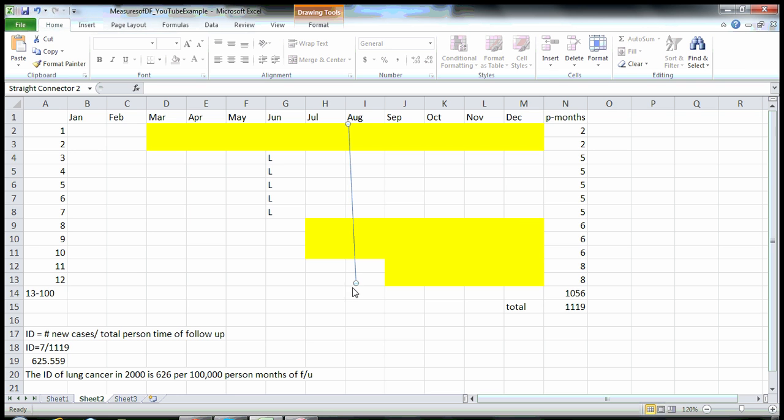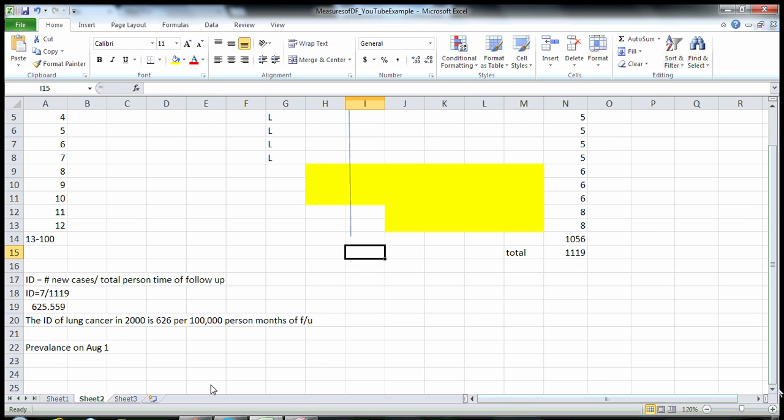Try to get it straight. And that makes it easy to see who we're talking about on August 1. So on August 1, we've got these 2 plus these 3 who have disease, and we've lost 5 people to follow up. So we have 5 people with disease and 5 people in our population that we've lost to follow up. So let's look at that calculation.